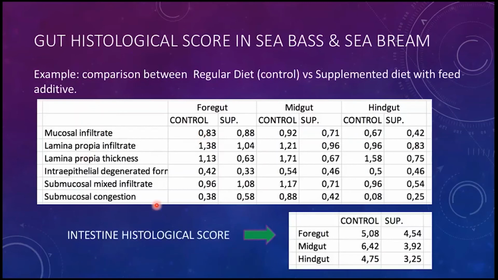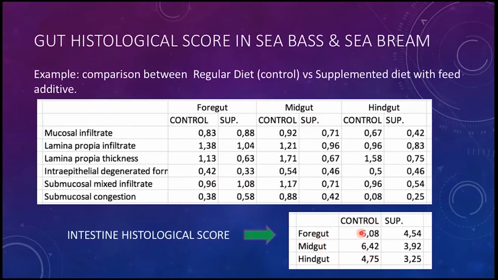And probably more useful is when we add all the individual average scores, and we end up having an average histological score for each population and for each region.